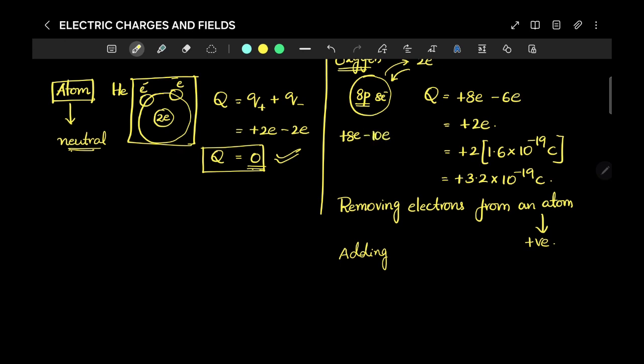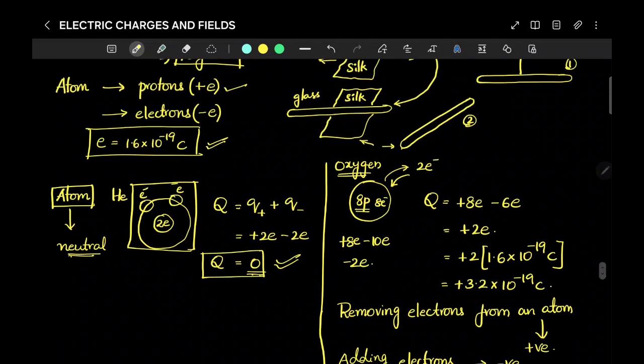So it is plus 8e minus 10e, which becomes minus 2e. So if you are adding electrons, then that atom will become negatively charged.